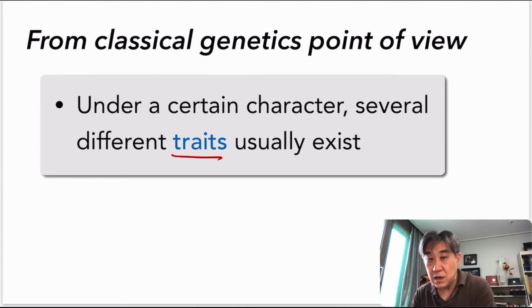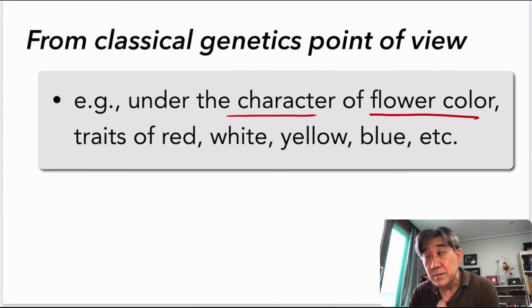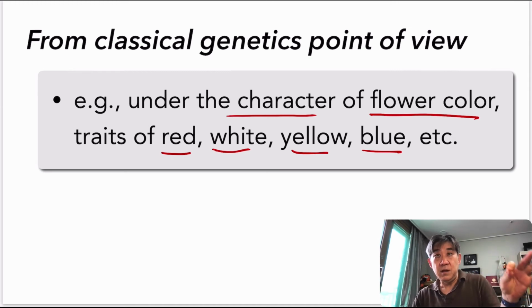For example, flower color is one such character. But flower color can be many different colors, like red, white, yellow, and blue. Even in a single species of plant, certain plants have a red flower and another one has a white flower, for example.